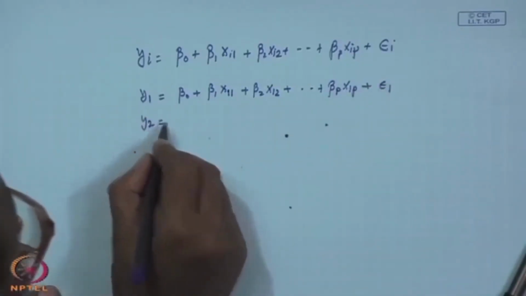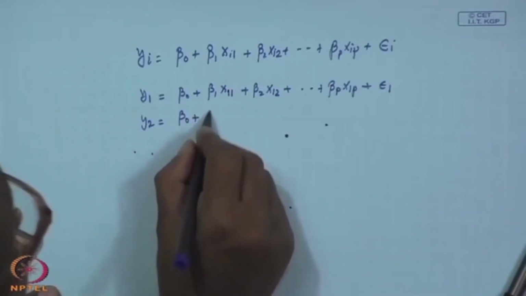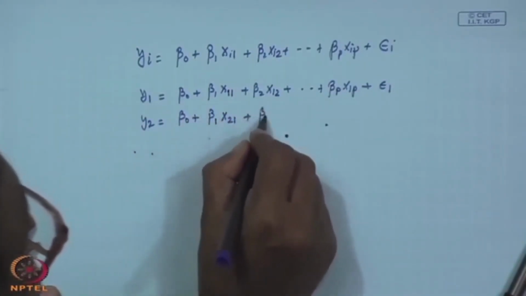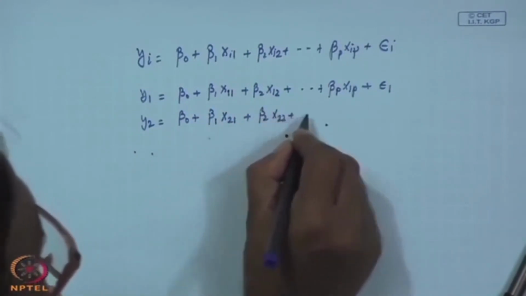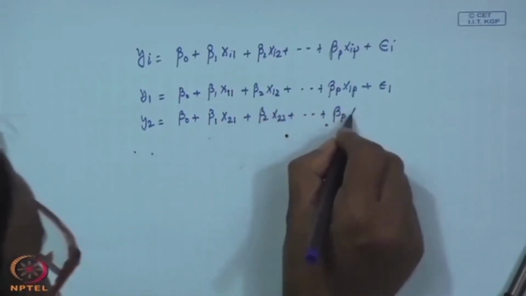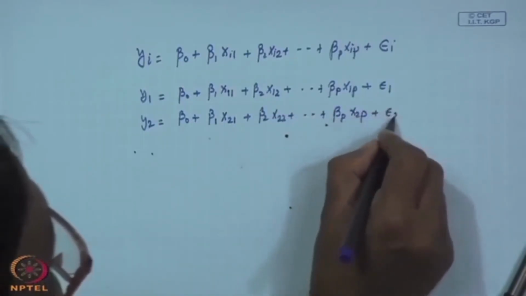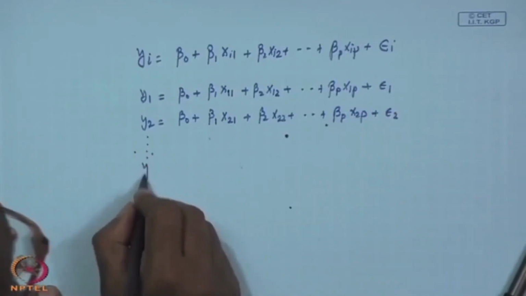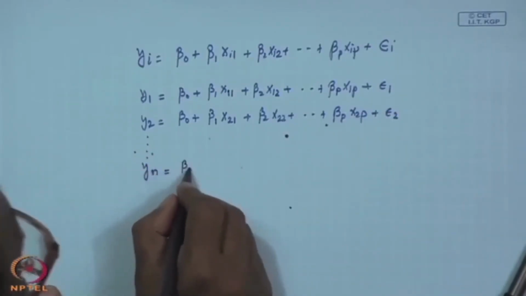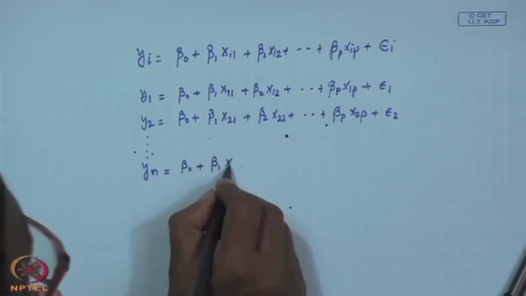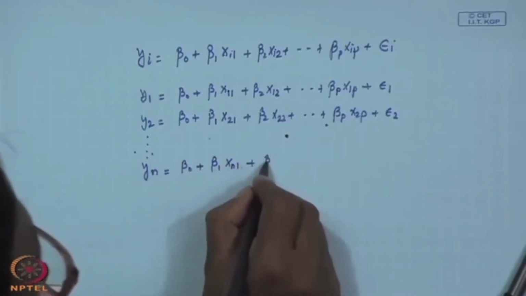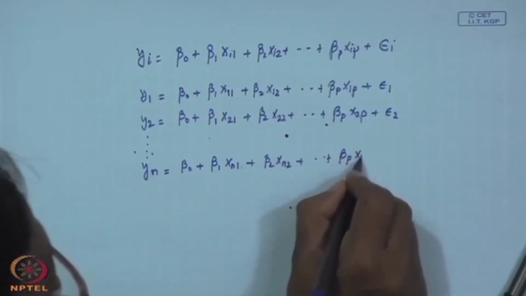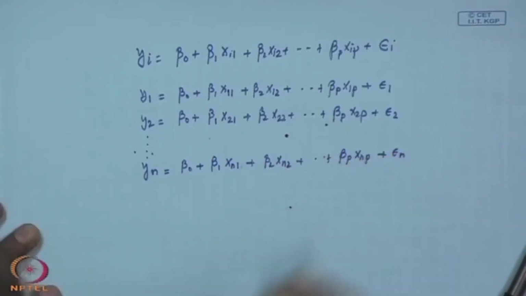For y2 you will write beta 0 plus beta 1 x21, beta 2 x22, plus beta p x2p plus epsilon 2. If you go on writing, ultimately up to the nth term, you will write beta 0, beta 1 xn1, beta 2 xn2, beta p xnp plus epsilon n.